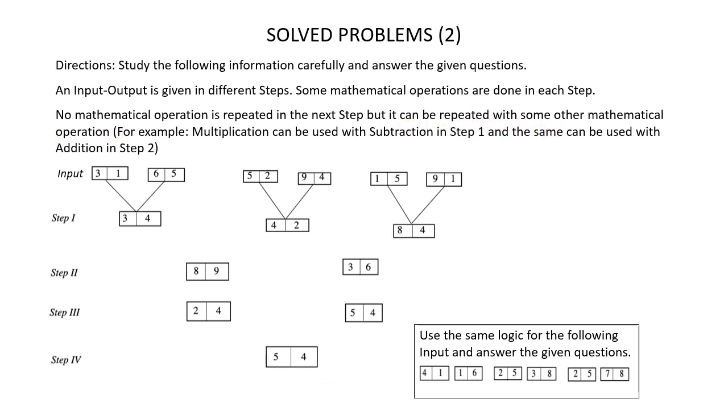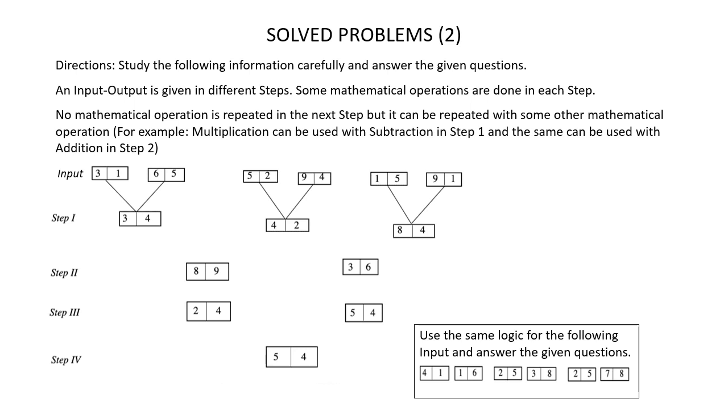So here you are given an input which consists of 6 numbers. Each of the numbers is written inside a box and each number is split into its respective digits. Also, it's given that the first and the second input numbers are connected in some way to get the first number of step 1.